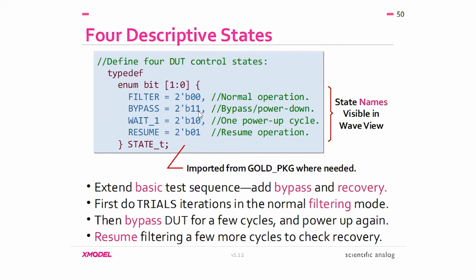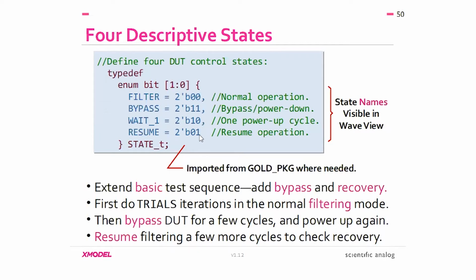Once that control bit gets deasserted, we automatically transition to a 1-cycle wait state. This state allows time for the supply voltage and bias voltage to return to their nominal levels.